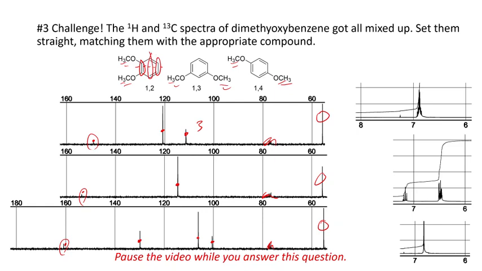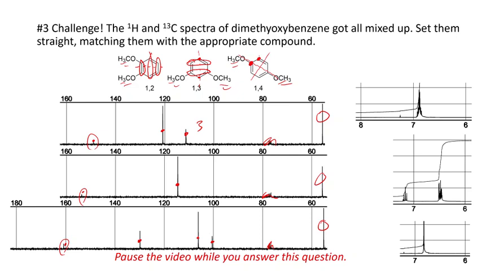In the 1,3 case, we have the carbon between the two, our mirror is going that way. We have the one that's across, and then we have these two like that. And in the 1,4 case, you notice that we have two planes of symmetry, this way and this way. So we have 1, 2.